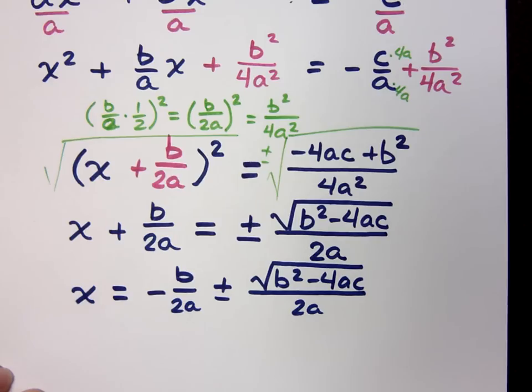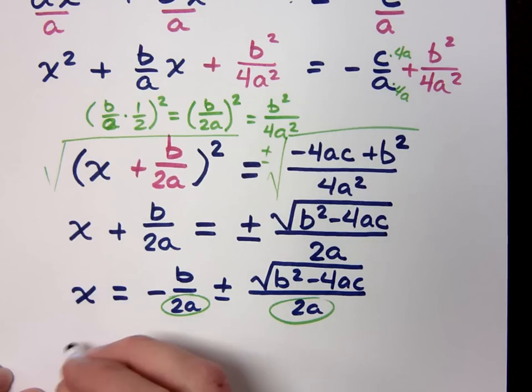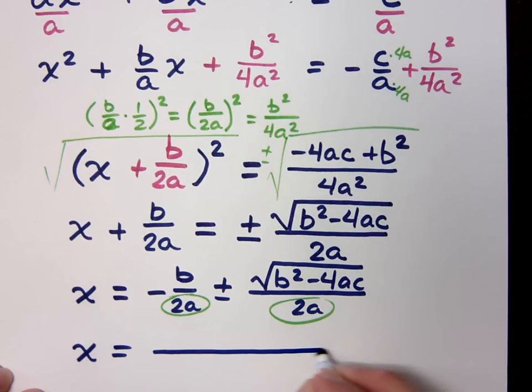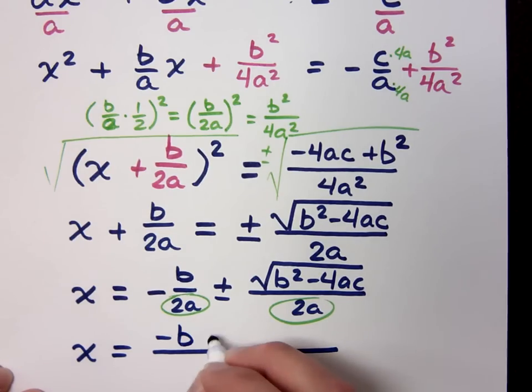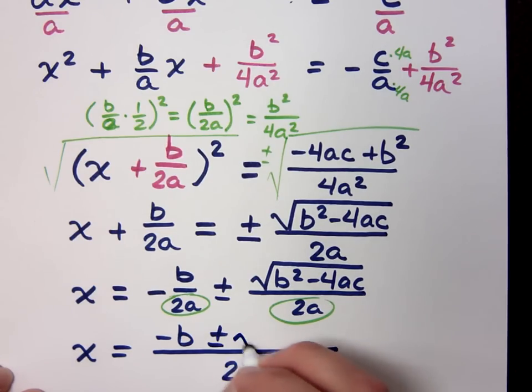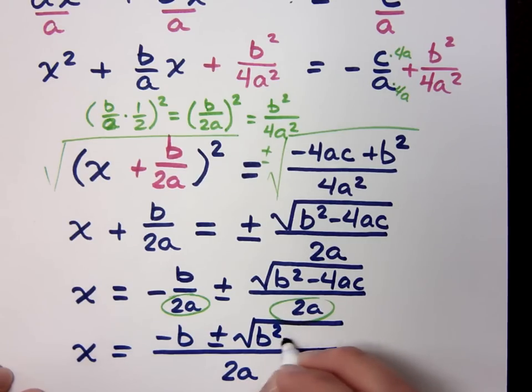And what you're going to notice here is that we have like denominators. So when I put everything over that common denominator of 2a, my numerator is negative b plus or minus the square root of b squared minus 4ac.